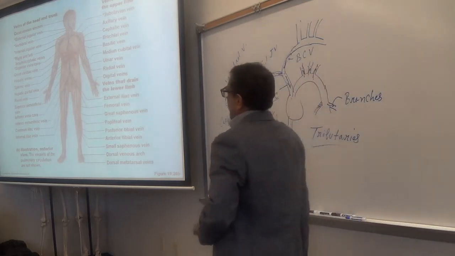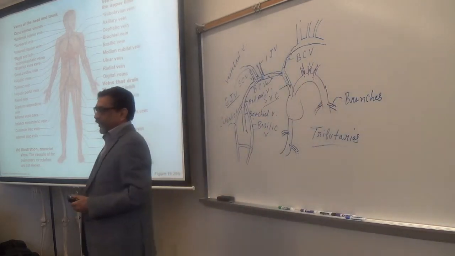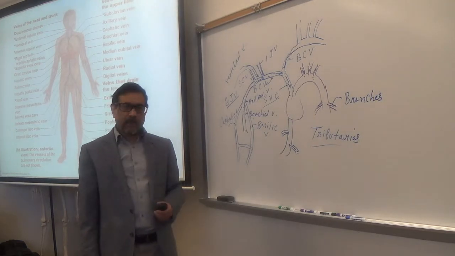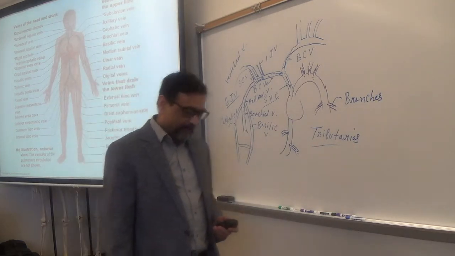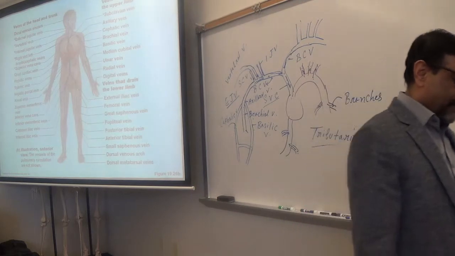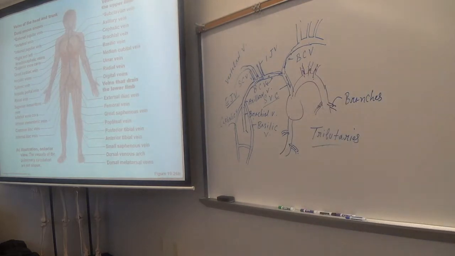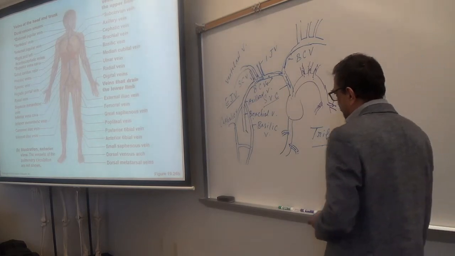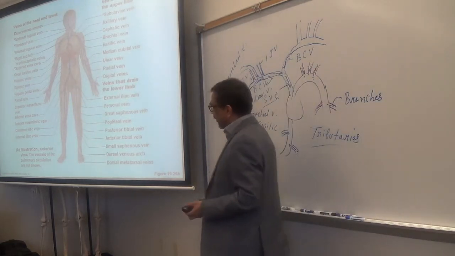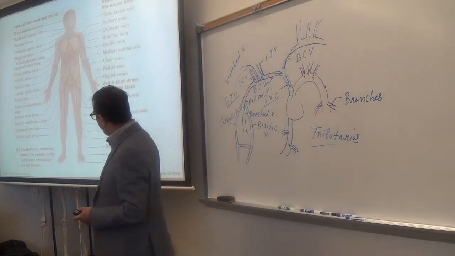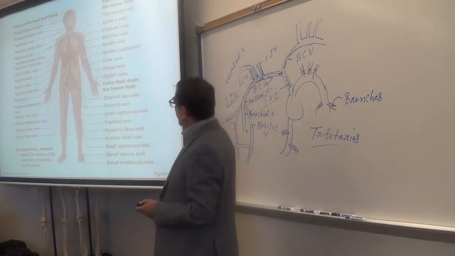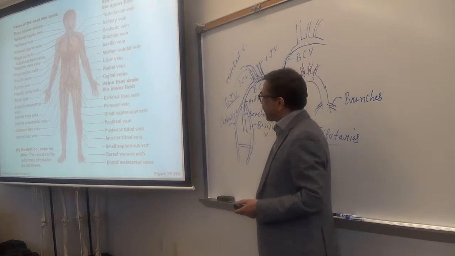Then in front of the elbow, cephalic and basilic are connected by a short vein called what? Median cubital vein. Now let's see brachial. Brachial, the deep vein, divides into radial and ulnar. Cephalic and basilic go to the palm and palmar arches. From there, digital veins.